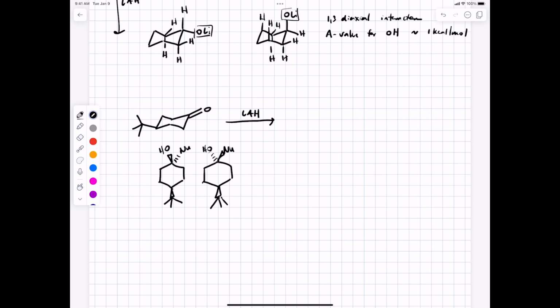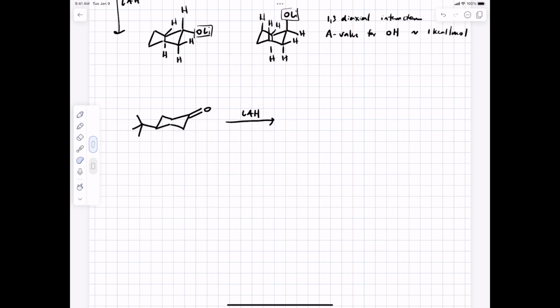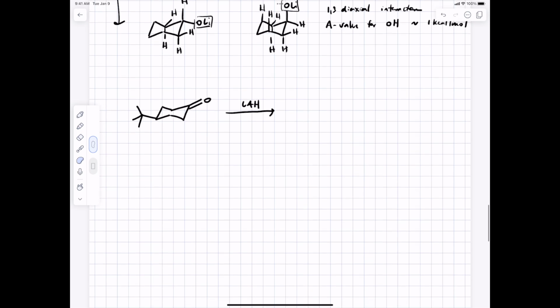Okay? So we got two diastereotopic faces, the top face and the bottom face. I'm going to show you the results. Actually, I'm going to let you predict. What do you predict would be the major diastereomer for lithium aluminum hydride reduction of this ketone?